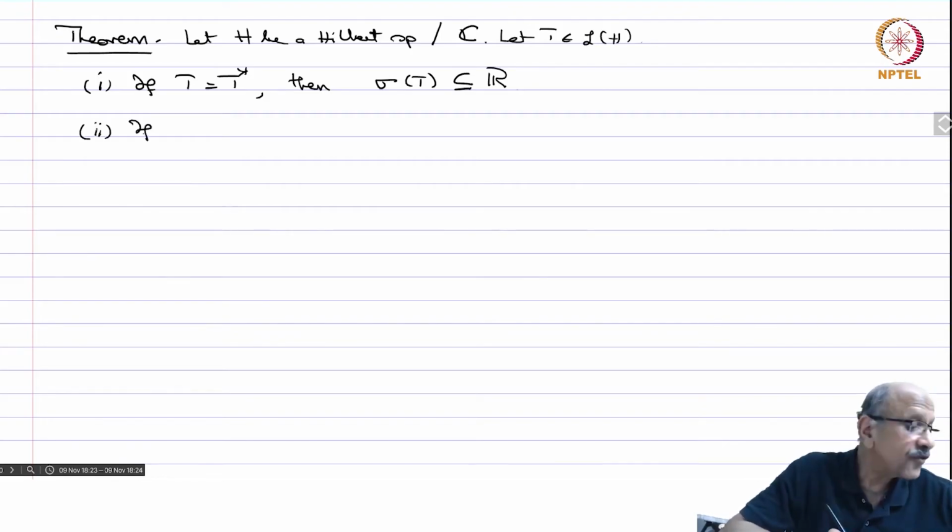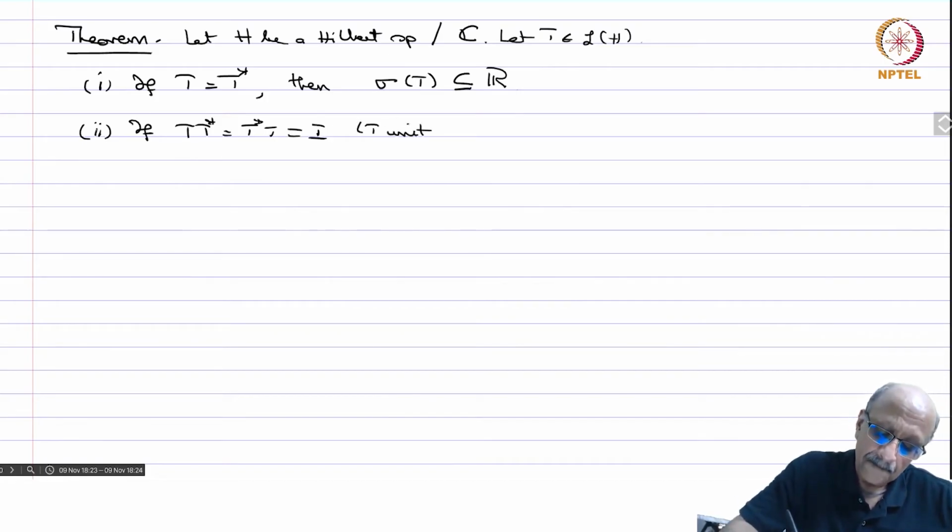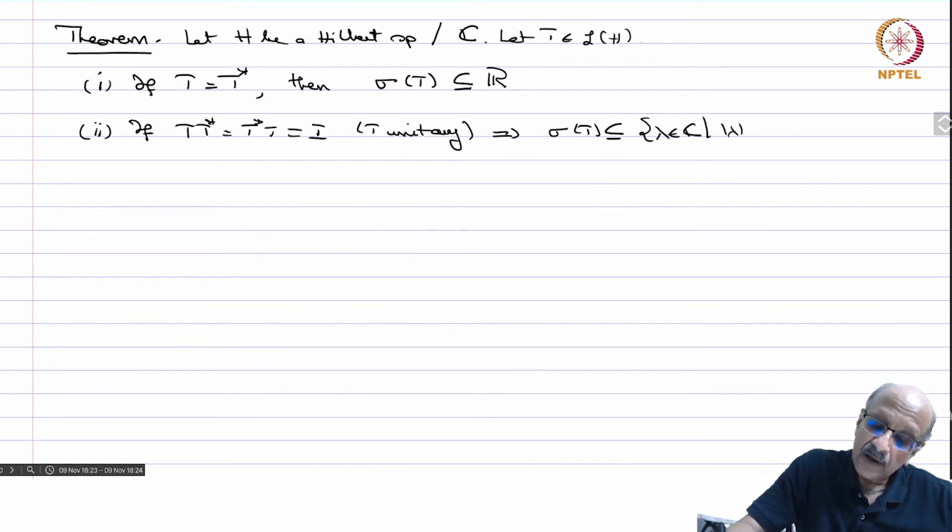Okay, 2, if T*T equals TT* equals the identity, so T is unitary, then the spectrum of T is contained in the set of all lambda in C such that mod lambda equal to 1.